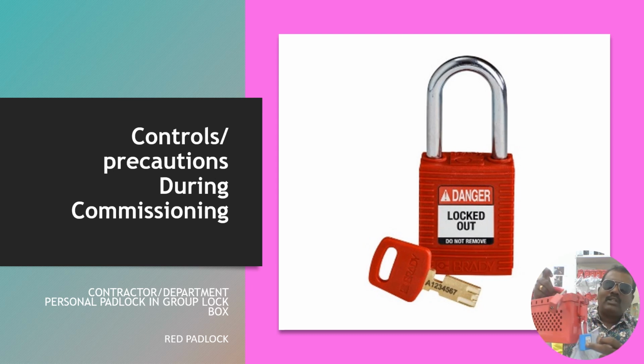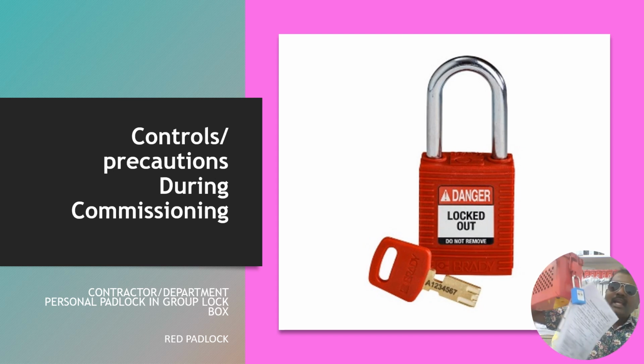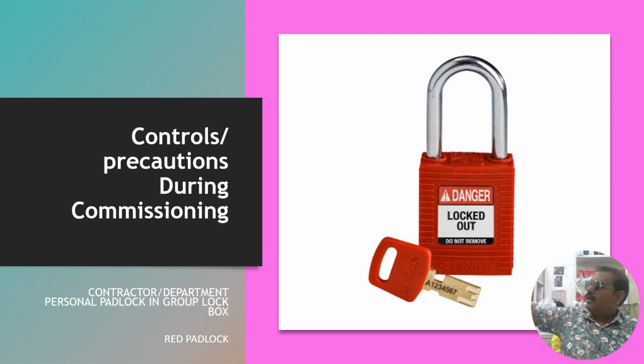Without this person's knowledge, he cannot remove the key; without this person's knowledge, this person cannot remove the key which is placed inside. There will be a transparent pouch pasted with the paper, which is the permit to work system photocopy and the isolation certificate.